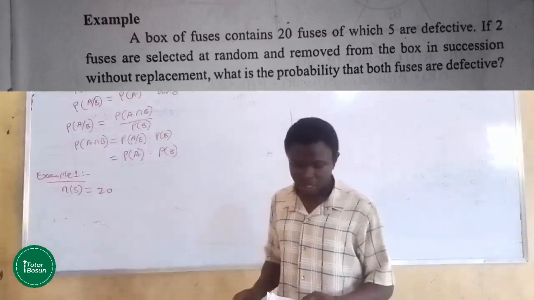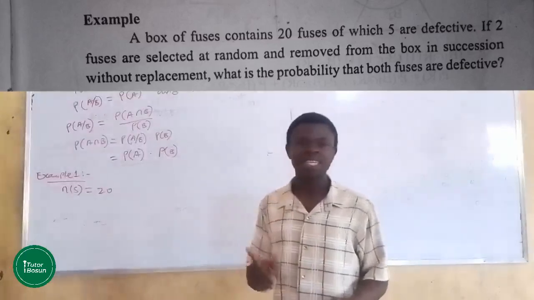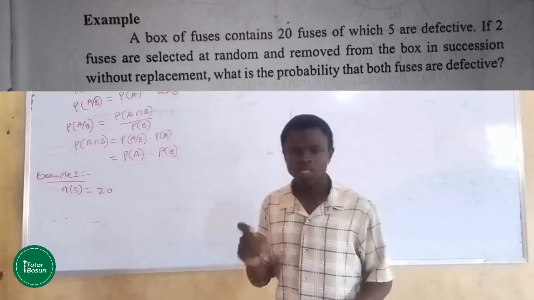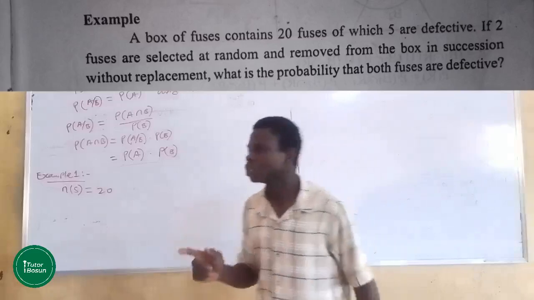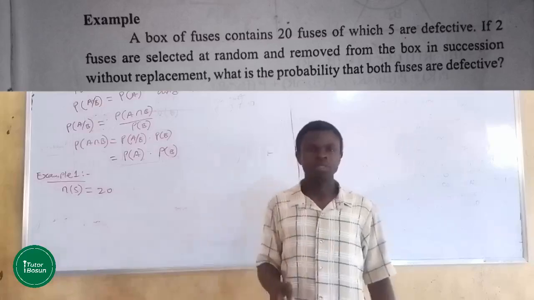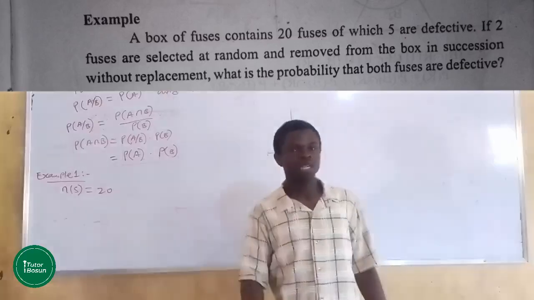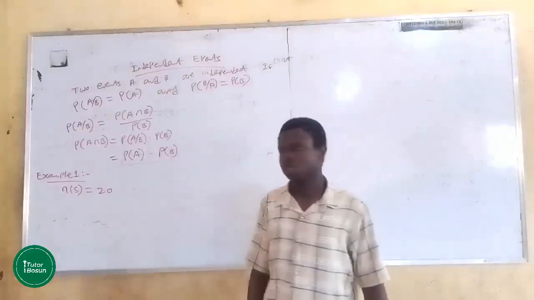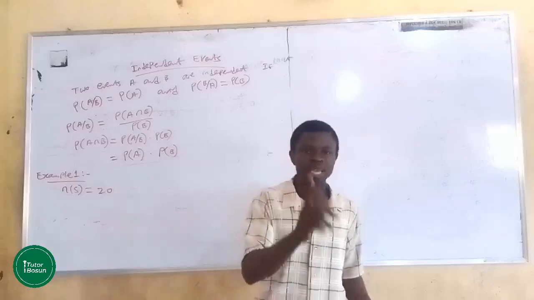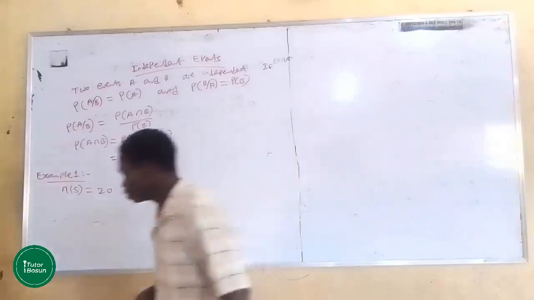And it says if 2 fuses are selected at random and removed from the box in succession without replacement. What it is trying to say by in succession is that one is removed before the other is removed, that is, in succession, without replacement.